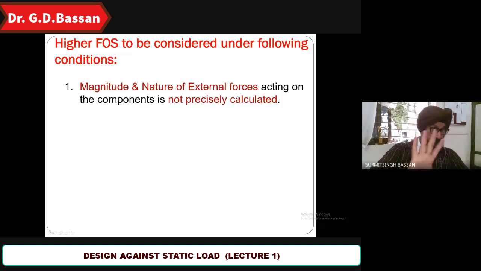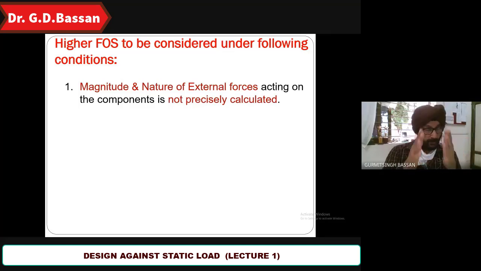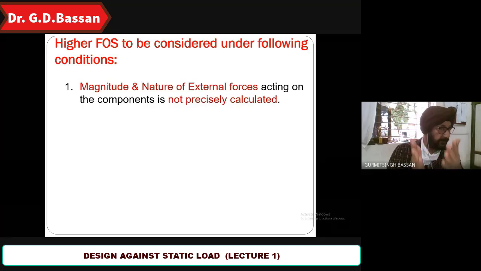Okay, these are the conditions where we take a factor of safety more than the normal factor of safety. So when the magnitude and nature of external forces is not clearly or precisely calculated, you take the higher factor of safety.